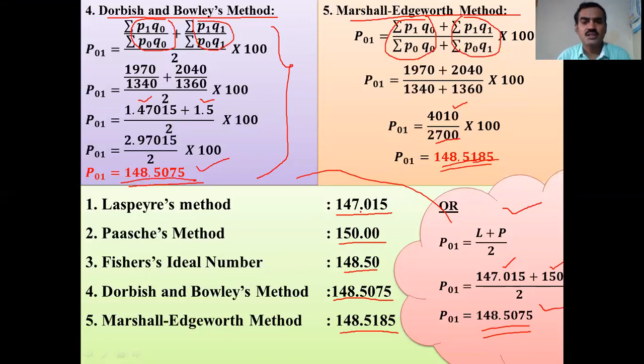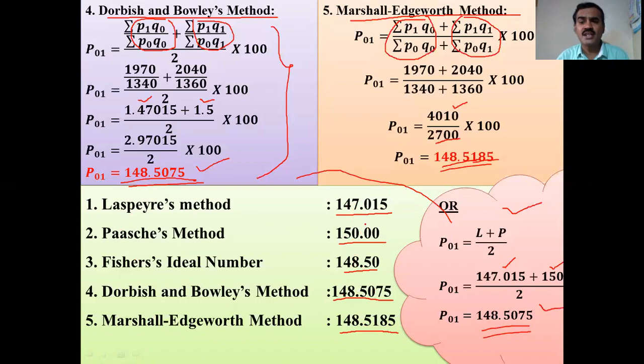See here, all are index numbers. We used only different formulas given by different persons: Laspeyres, Paasche, Fisher, Drobisch, Marshall-Edgeworth. Therefore, the answers should be very near to each other.